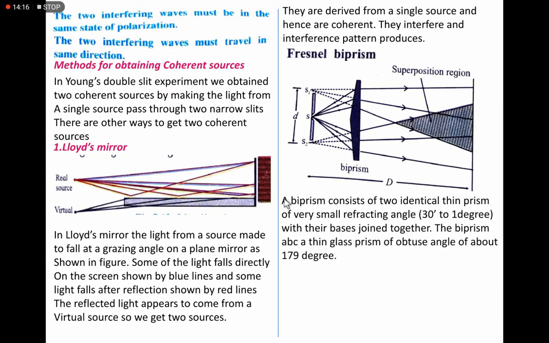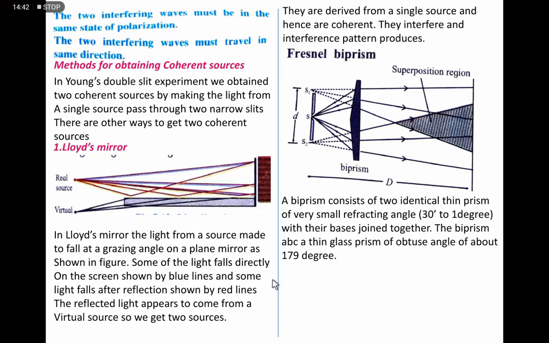Here the biprism consists of two identical thin prisms. We studied thin prisms in 11th science, whose refracting angle is very small, up to 1 degree. The bases of these thin prisms are joined together and the biprism is made.